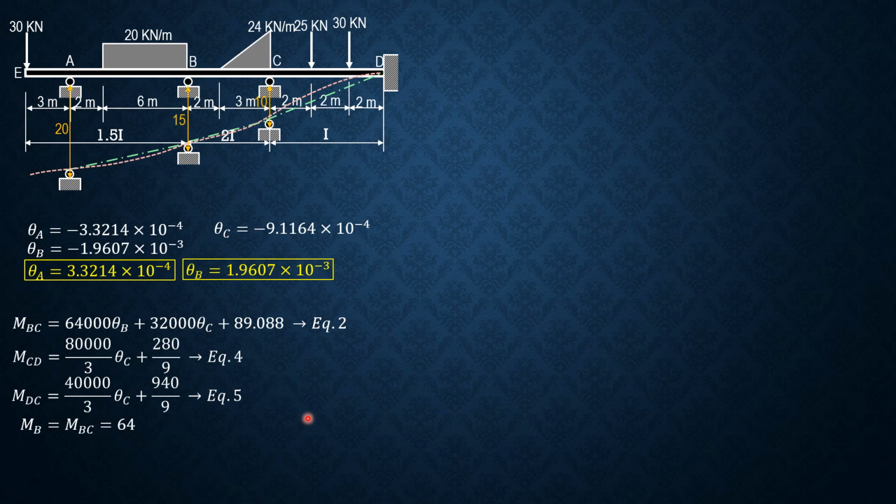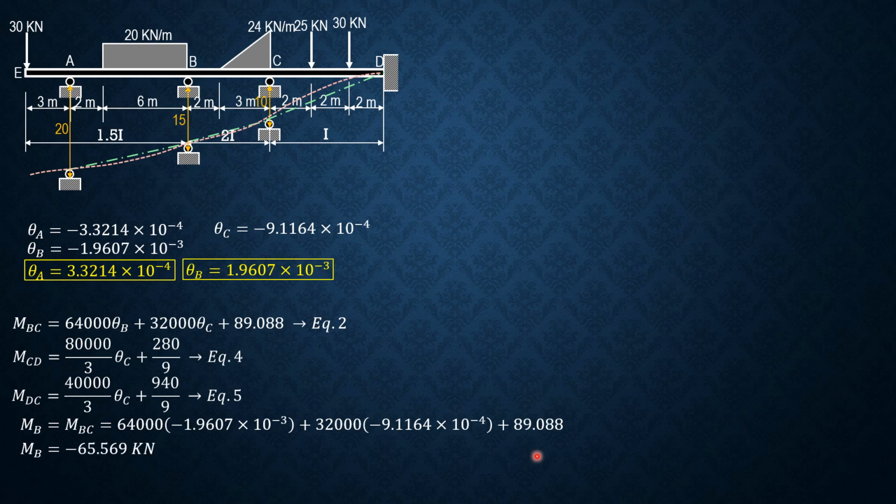So MBC equals 64,000 times theta B, negative 1.9607 times 10 to the negative 3, plus 32,000 times negative 9.1164 times 10 to the negative 4 plus 89.088, just to confirm moment at B with three moment equations. So MB is negative 65.569 kilonewton meter. From three moment equation, it was negative 65.571, so practically they are equal.